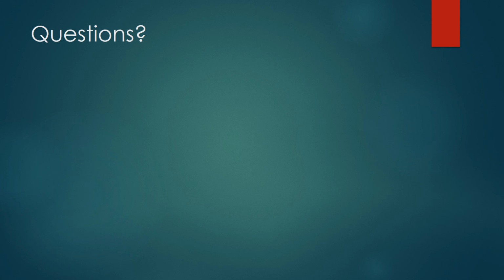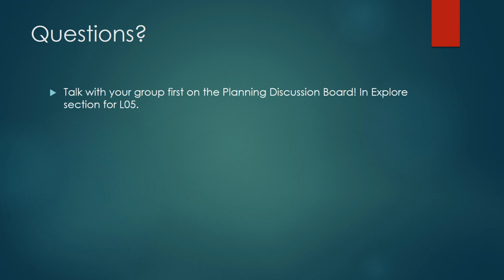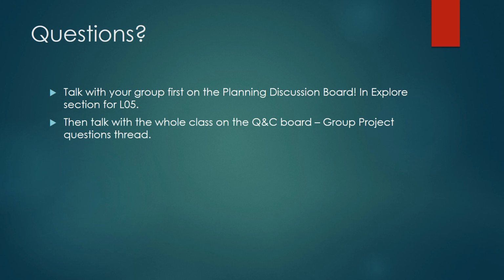All right, questions. You probably have some, and here's what you should do. First, please talk with your group on your planning discussion board. Figure out when you're going to be meeting, and that discussion board is in the Explore section for Lesson 5. Start there. If you have a question about something, start with your group. Maybe your group can help you. Then, if they can't help, talk with the whole class on the questions and conversations board.